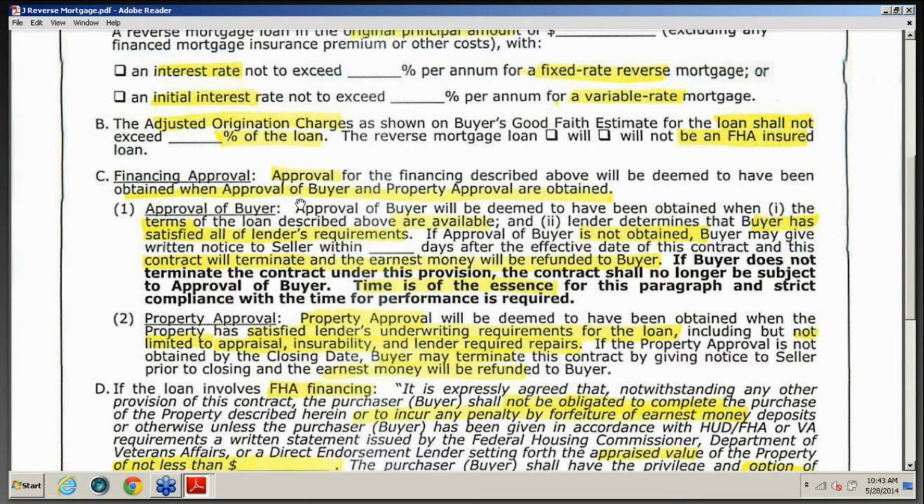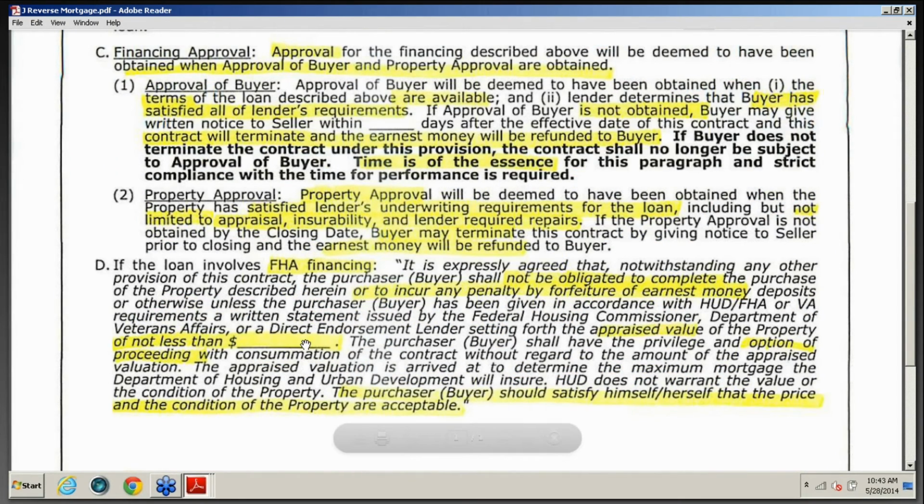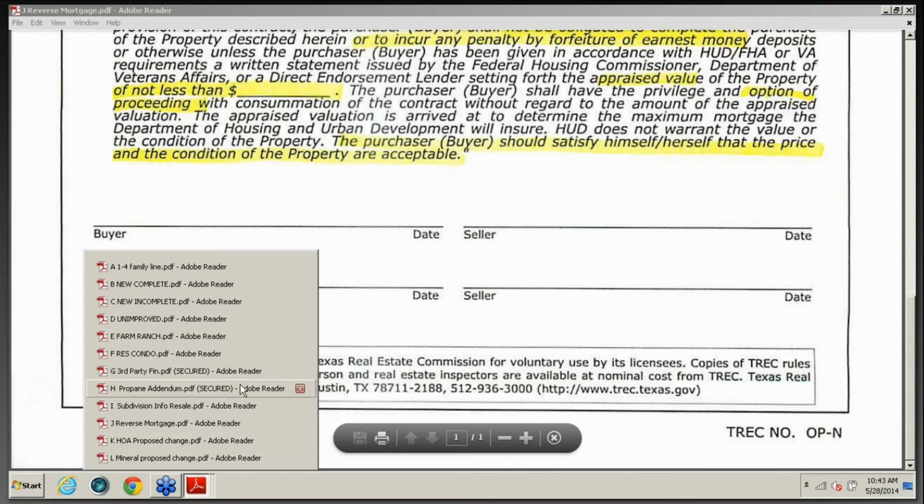The property approval, remember, listing agents, it goes all the way to closing. So if it doesn't meet the lender's requirements, underwriting, appraisal, insurability, etc., then it can terminate and the money will be refunded to the buyer. Again, with FHA financing, it lets you know if the house doesn't appraise, they don't have to move forward. And that is all there is to that form.